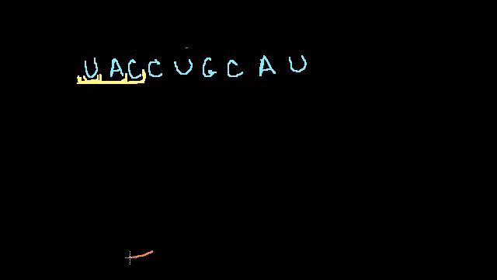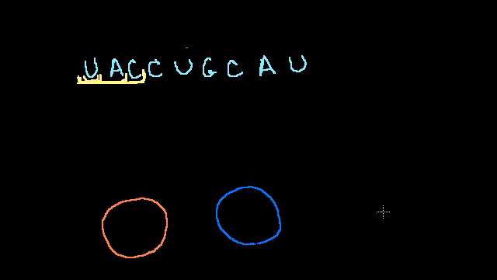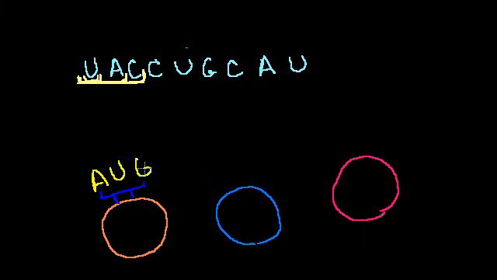So let's say I have some amino acid right here, and then I have another amino acid right here, and then I have another amino acid like that. They'll be attached to tRNA molecules. So let's say this amino acid is attached to a tRNA molecule that has the code A, U, G on it.